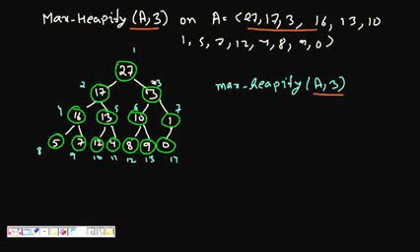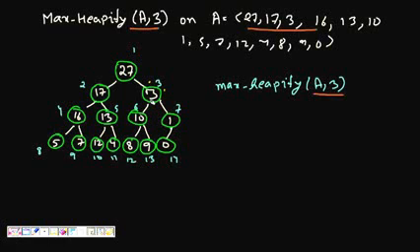So A comma 3 means I have to max heapify this node. Okay, so again, the max heap property is that the parent node value should be greater than or equal to both the left and right child. But here we see that A of 3, which is 3, is less than 10. Okay, so what do we do?